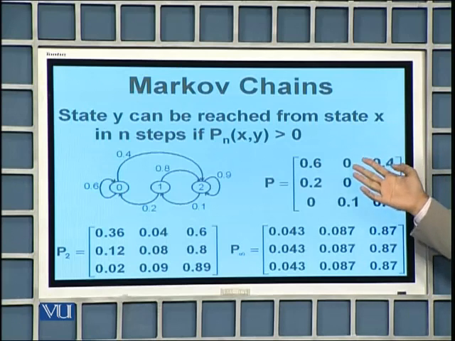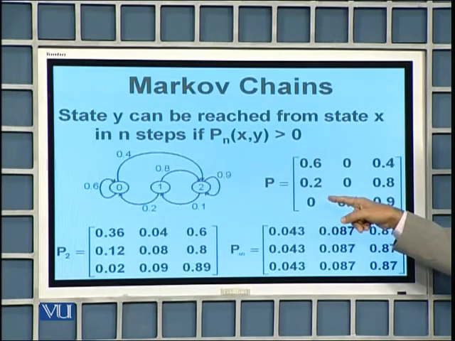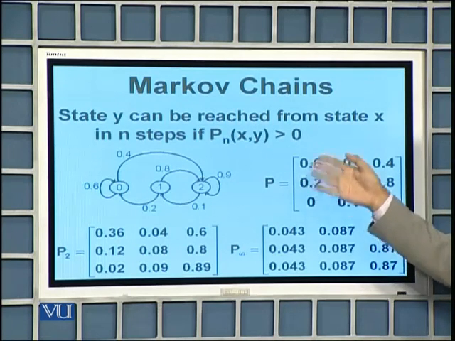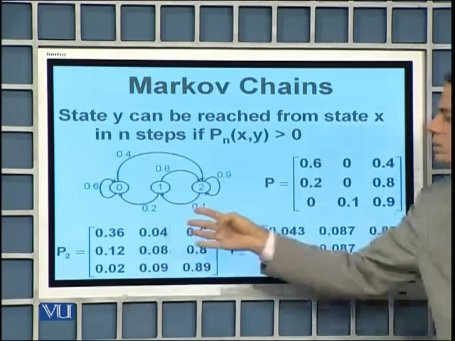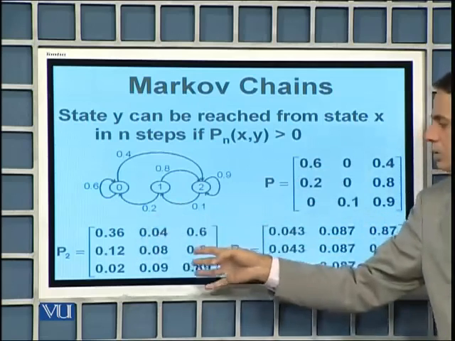So when you start with P, the one-step transition probability matrix, you see some zeros. You take its power 2, you get a matrix with all non-zero entries.